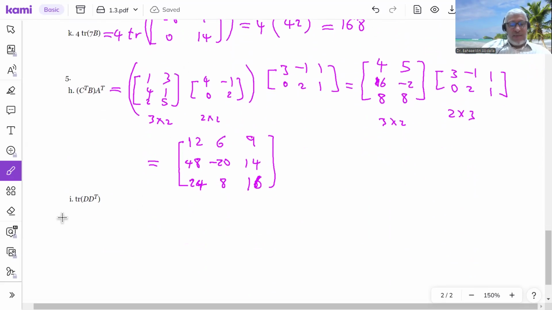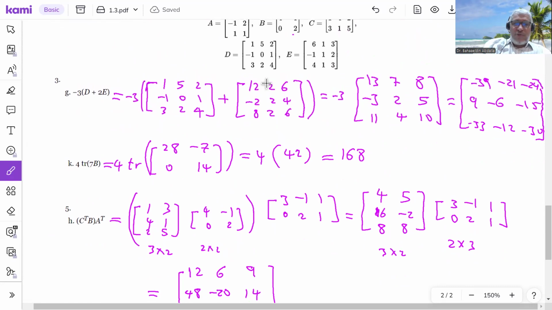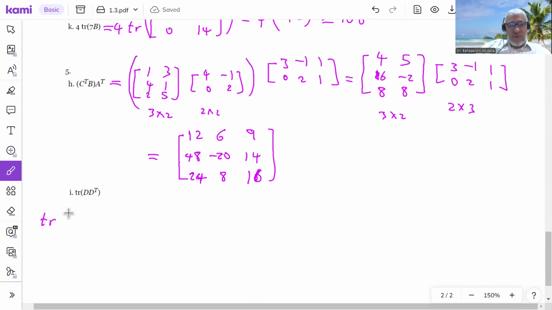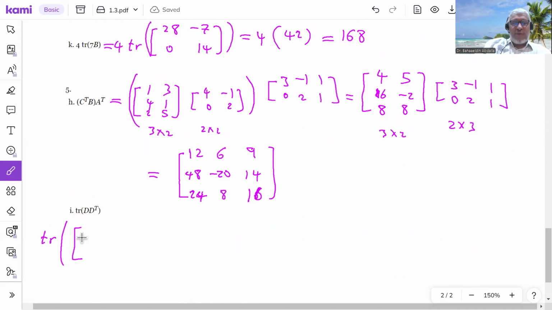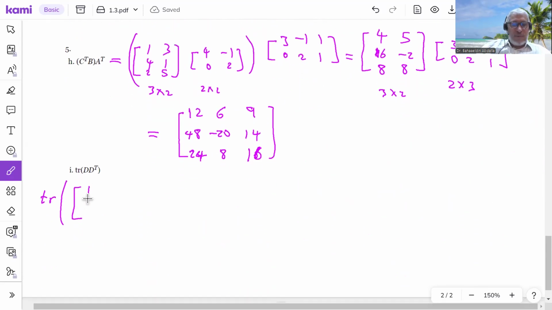Trace of D times DT. Okay. What is D? Where is D? This is D, 3 by 3. So it would be 3 by 3, and DT is 3 by 3. So I can evaluate the product. 1, negative 1, 3. 5, 0, 2.